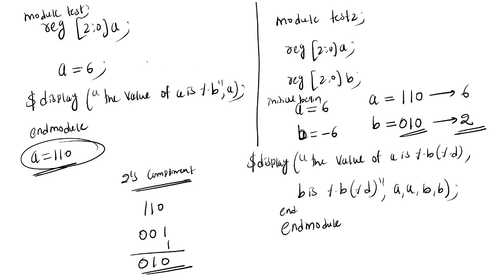So what is the conclusion? From this you can conclude that in Verilog, if we want to store negative numbers inside the reg data type, it will be converted into 2's complement form, because there is only one representation for 0. And the conclusion you can write: reg and net data types, in net you are basically using the wire data type.